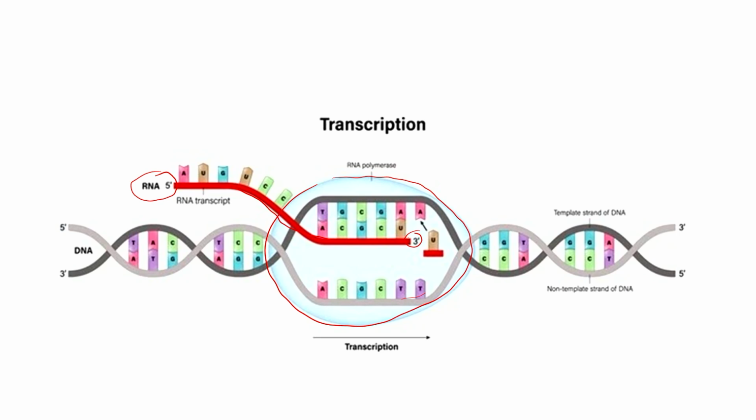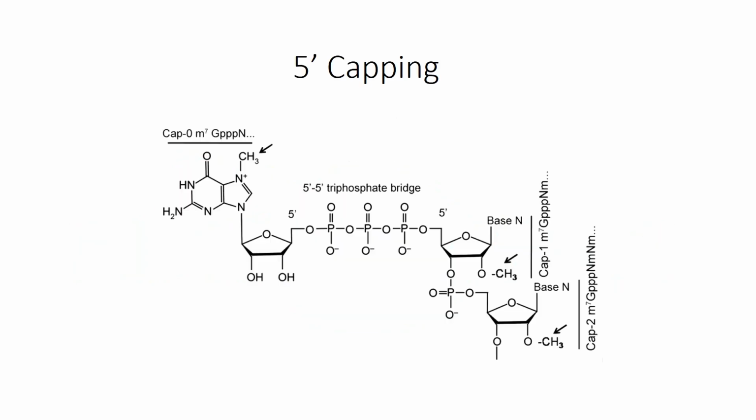I did say in my last lecture that the sequence on the RNA and the sequence in the DNA in this strand are the same, and hence this strand is called the plus strand, also known as the sense strand.